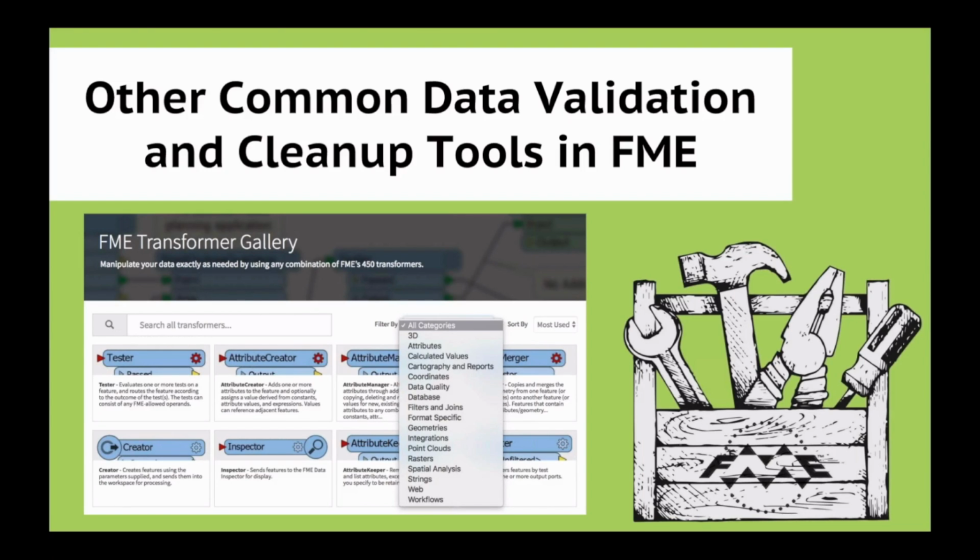The Transformer Gallery is also embedded into FME, so you can use it quickly on the fly. It's just one of the little panes that you can open up. And then there's also the knowledge base. Likely somebody has already asked a question about a particular transformer, or we've written an article about it, so you can find more information or some use cases for those transformers.